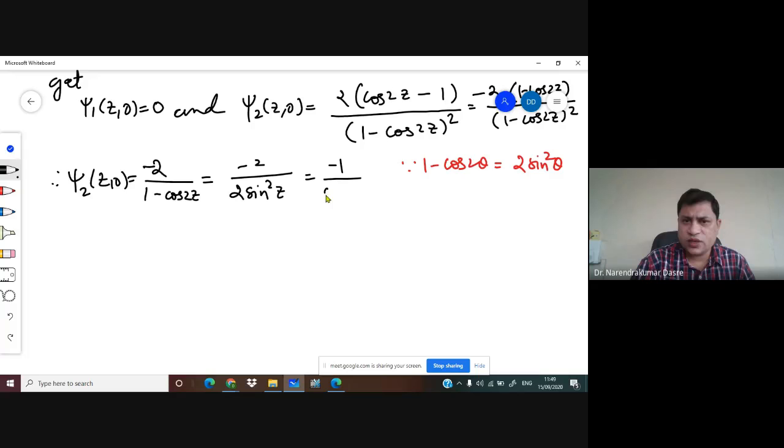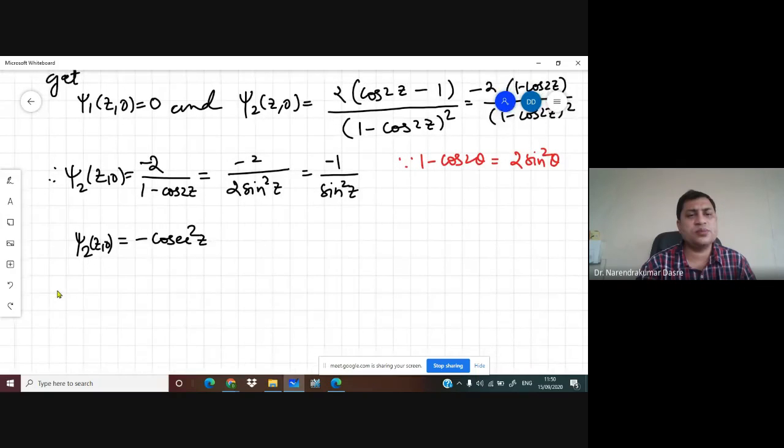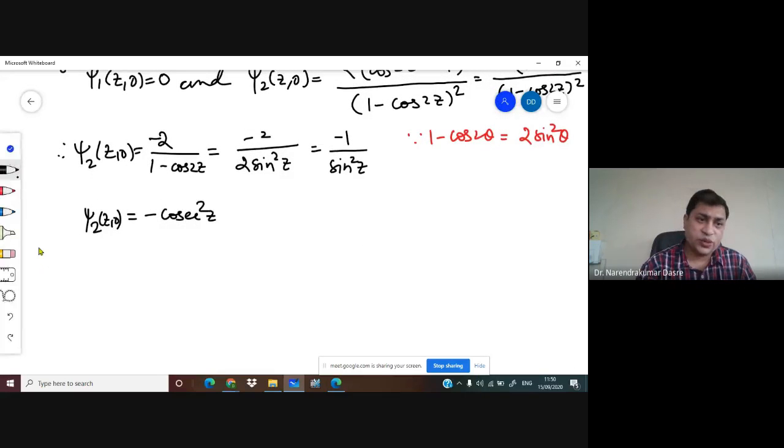We have minus 1 upon sine square z, which I can write as minus cosec square z. So we get psi 2 of z0 is equal to minus cosec square z, and psi 1 is equal to 0. So the third step of the Milne-Thompson method is completed, and hence we can go for the final and main step.